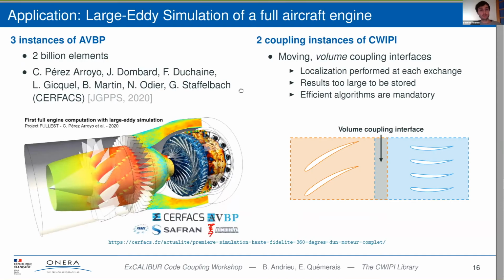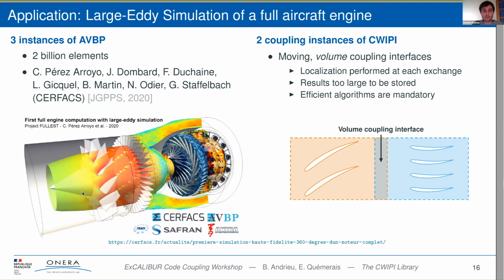And last but not least, we have a very interesting turbo machine calculation. This is one of the first full engine calculations. This calculation was done at CERFACS. There is much to say about this calculation. Here we have 3 instances of AVBP, which are coupled using 2 instances of CWIPI. There is a first rotating domain for the first part of the rotor.